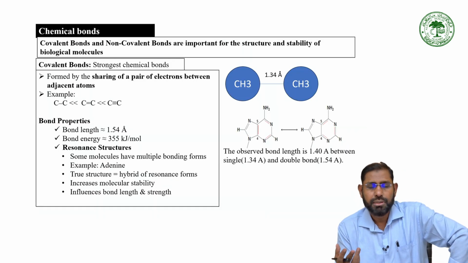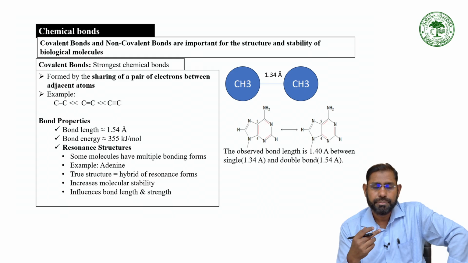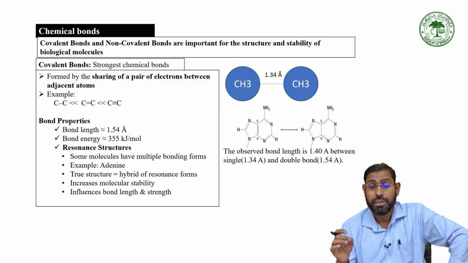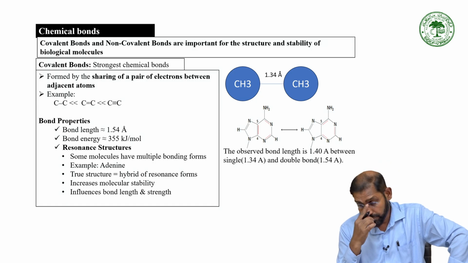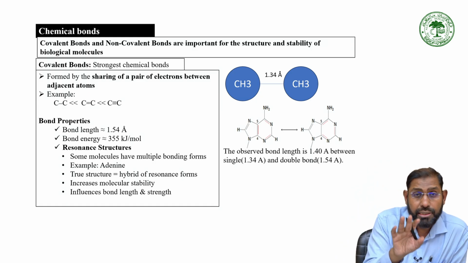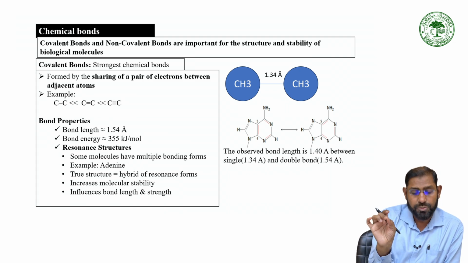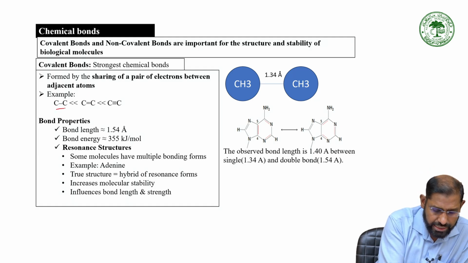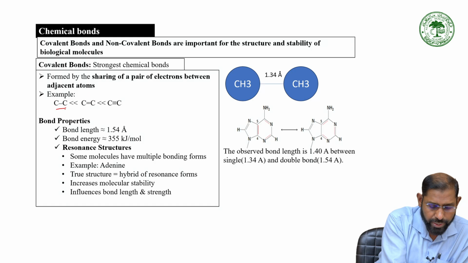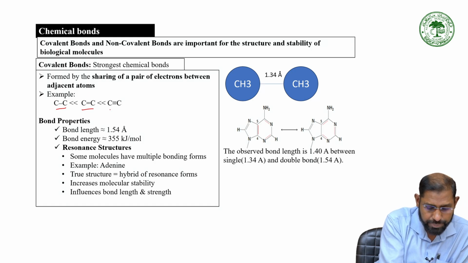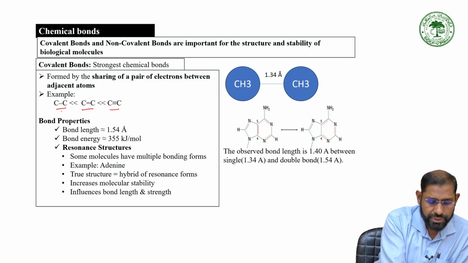Now the chemical bonds, there are mainly two types. One is covalent bonds and the other is non-covalent bonds, and they are important for the structure and stability of biological molecules. Covalent bonds are the strongest bonds, formed by sharing a pair of electrons between adjacent atoms. Examples are here: the single carbon covalent bond, the double carbon covalent bond, and the triple carbon covalent bond. The single bond is weaker than the double, and the double is weaker than the triple.